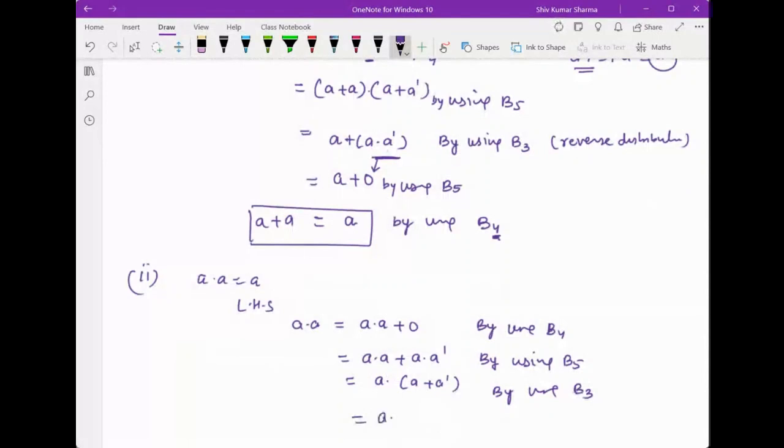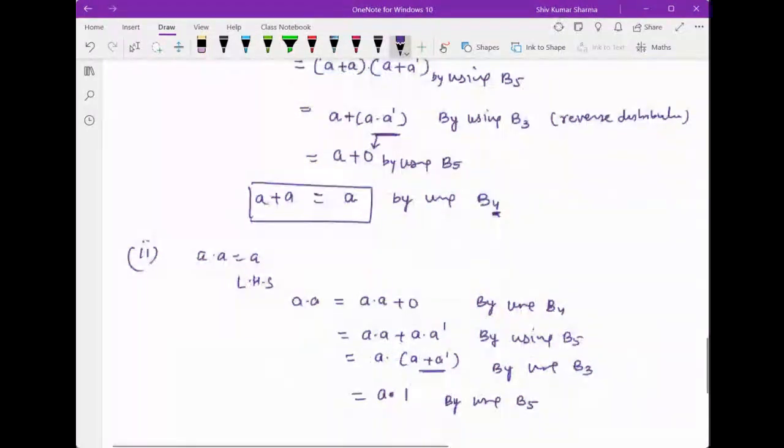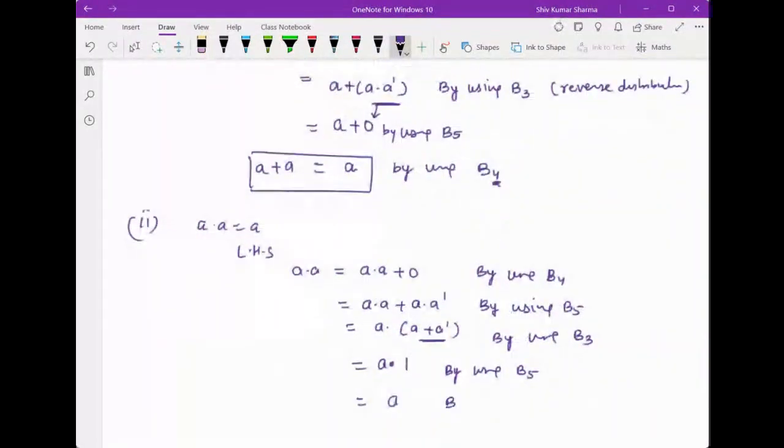A plus A complement equal to 1, by using B5. And A into 1 equal to A, by using B4. So A into A is equal to A. Okay, so this is the first theorem.